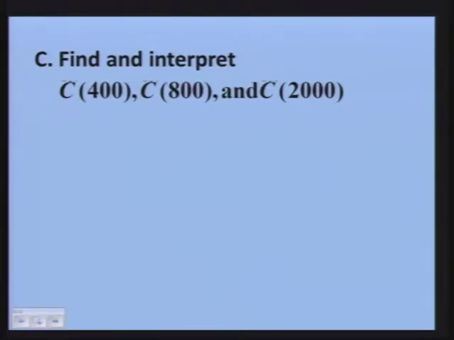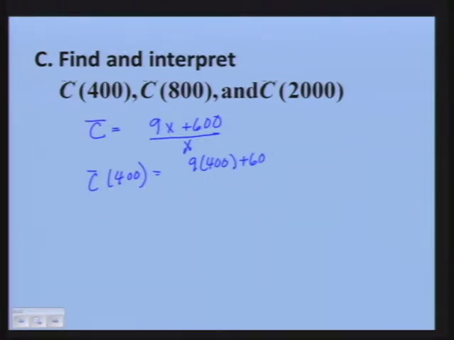Next, we want to find C bar of 400, C bar of 800, and C bar of 2,000. So let's write our C bar down again. Our C bar was 9X plus 600 divided by X. So C bar of 400 says we will say 9 times 400 plus 600 divided by our X, which is 400.